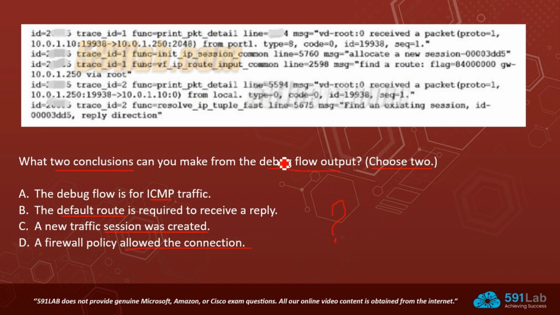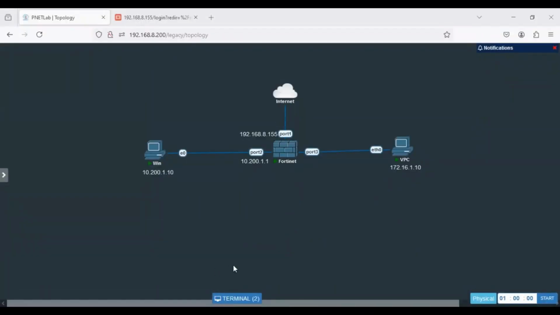Before finding the correct answer, let's understand this debug flow output. Let's log into the FortiGate with the sample lab setup and understand the debug output and how to enable it. Now you can see a simple lab setup: one firewall and a Windows PC connected to the firewall.